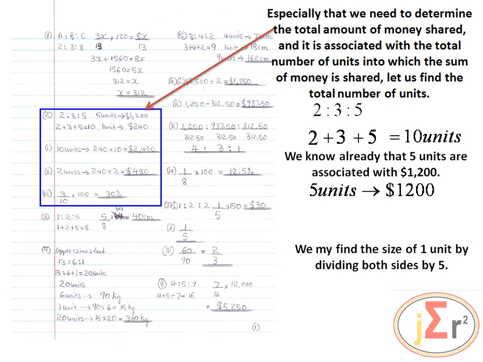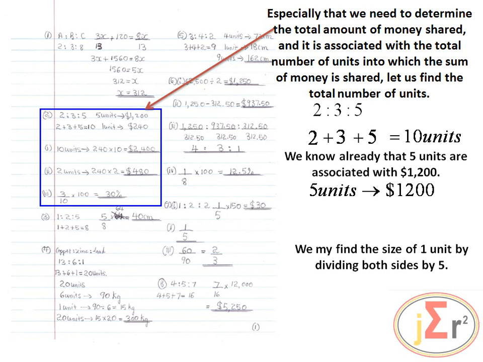When we have a ratio problem and we can find the size of 1 unit, then we can find the size of any other number of units. Because all we need to do is take that 1 unit and multiply it maybe 8 times, maybe 15 times, maybe 3 times. But in this particular case, we will see the number of times that we need to multiply that single unit.